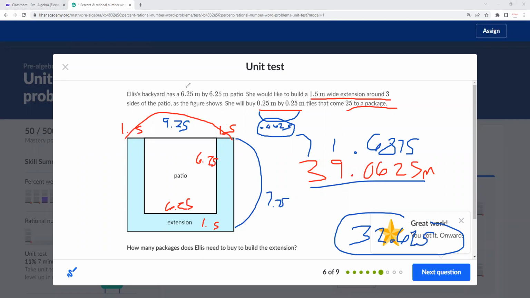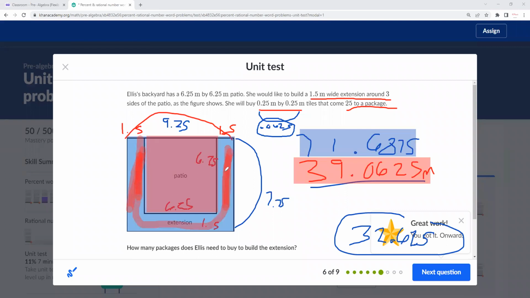So basically what I did as a review is I found the area of the entire thing, which was this. I then found the area of the patio, which was this. And I subtracted it to see how much material I need for this extension here. I got 32.625.